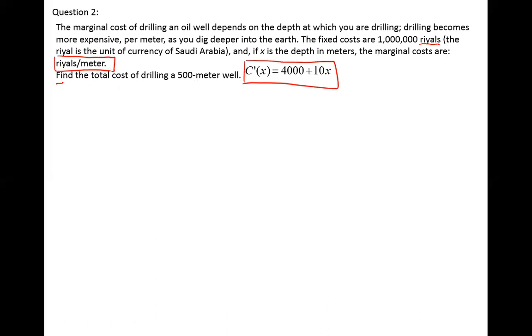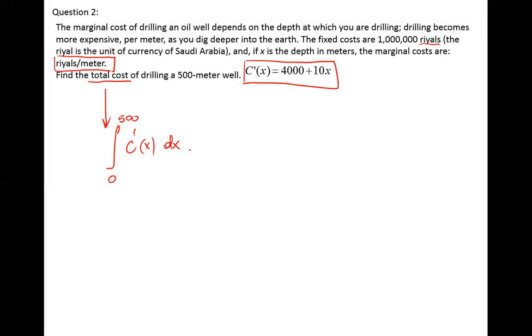I'm assuming that the total cost is simply an integral from 0 to 500, because it's the total cost of drilling a 500-meter well, and we have to integrate the marginal cost. Then we get the total change, the total cost in this case.